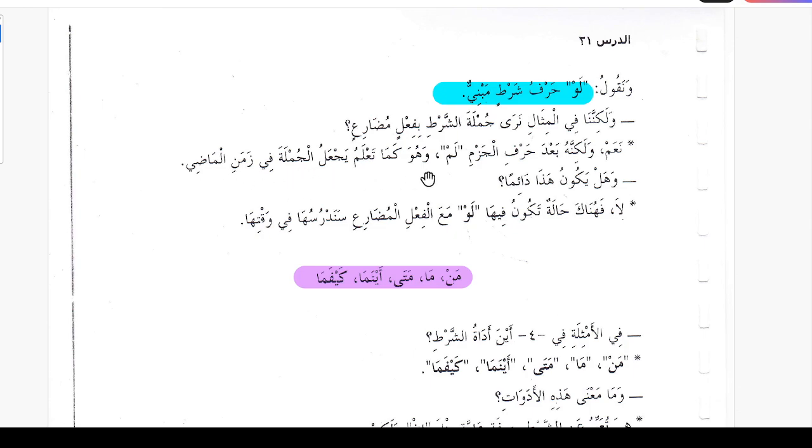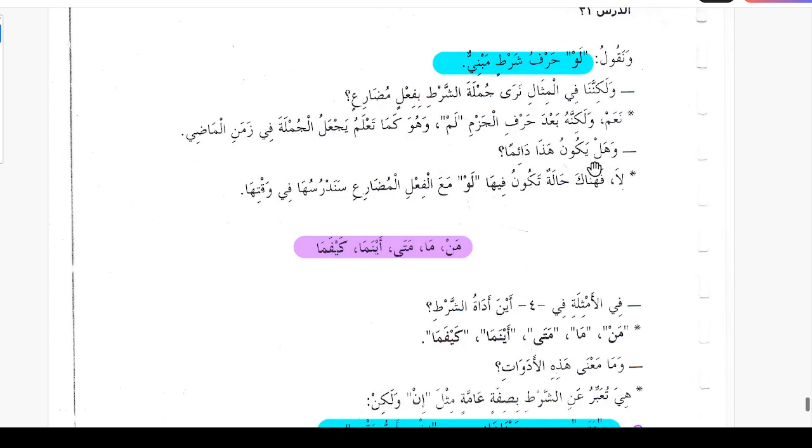That is why we say that both the jumla shartiya and the jawab shart should be in the past tense after law, and in this case, because of lam, the sentence is still indicating the past. Is that the case always?